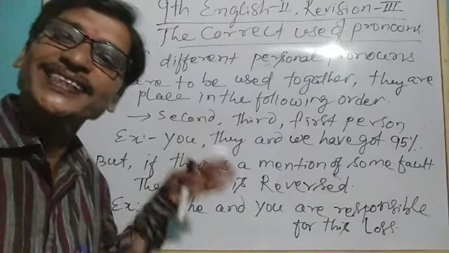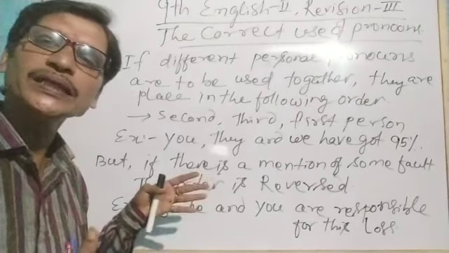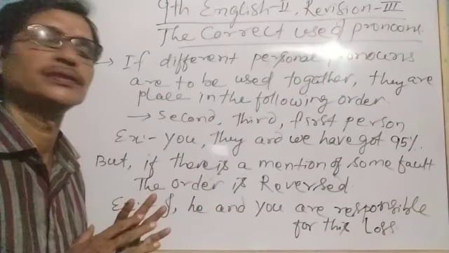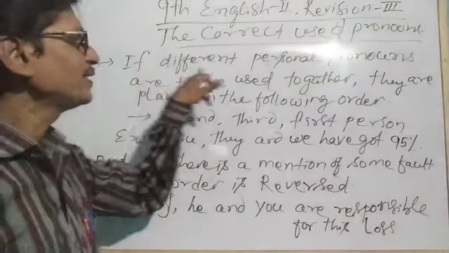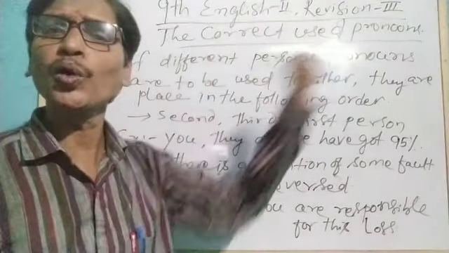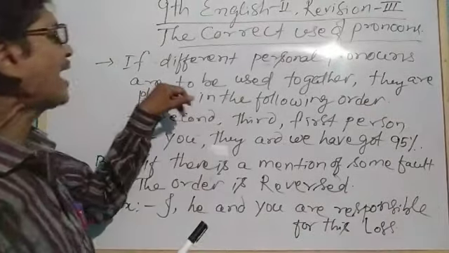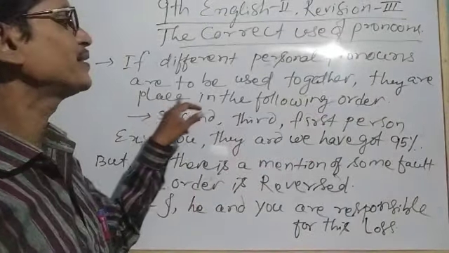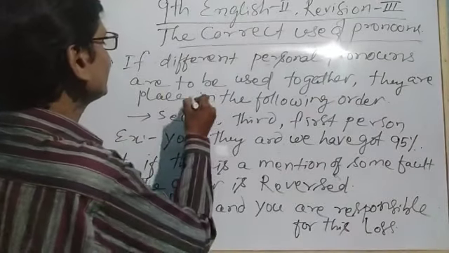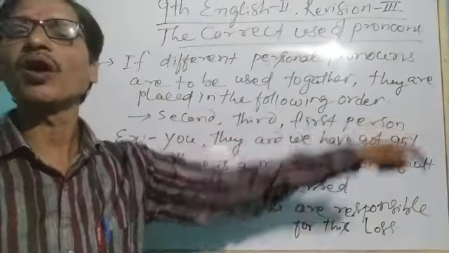Here is another instruction for using pronouns correctly. So what is this instruction? Let's understand. If different personal pronouns are to be used together, they are placed in the following order.